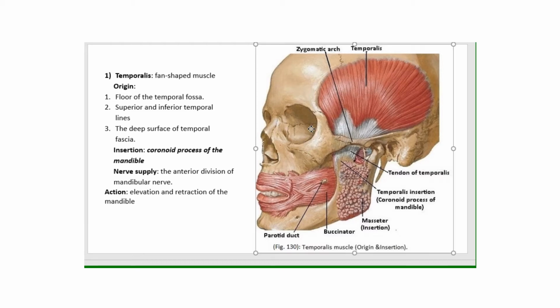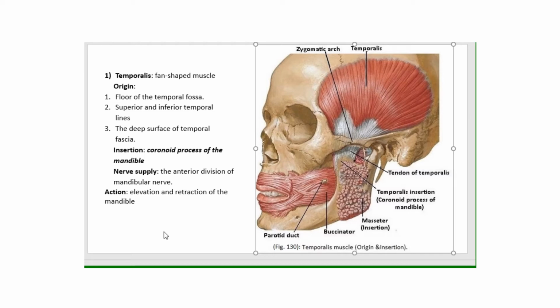Then, what about the muscles of mastication? Muscles of mastication are four muscles. First, the temporalis, masseter, and medial and lateral pterygoid muscles.